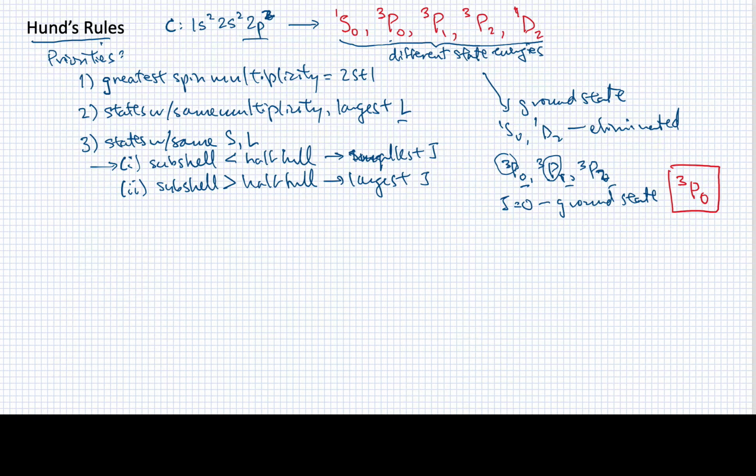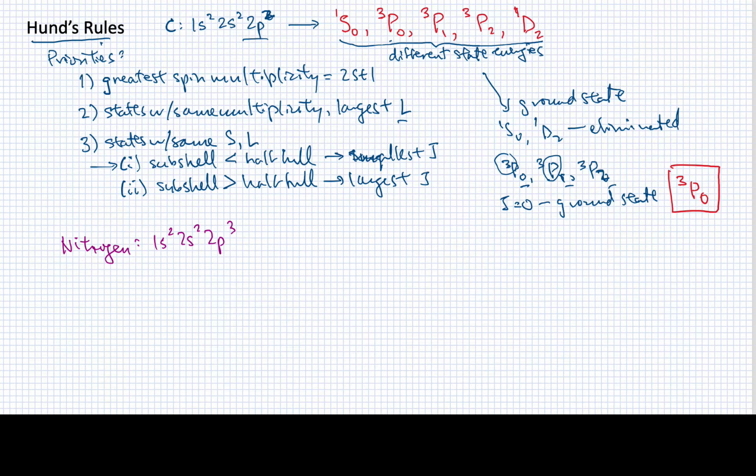Now, you may end up being given a series of terms that correspond to a particular configuration and asked to use them to determine which one is the ground state. So let's do a simple example. Let's suppose the atom we're considering is nitrogen, with an electron configuration of 1s2, 2s2, 2p3. It's one over from carbon. This would be a good exercise for you to try, but see if you can come up with the terms.